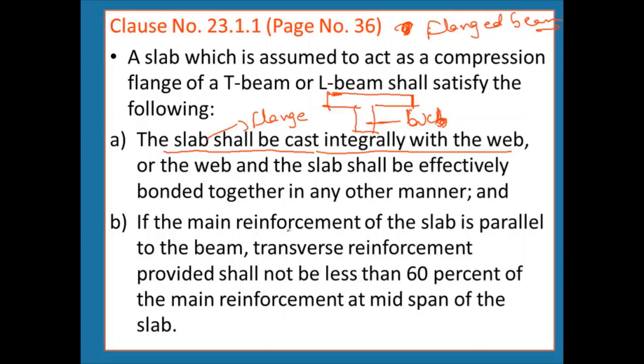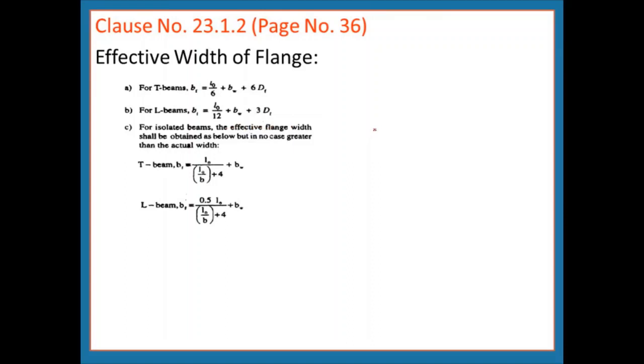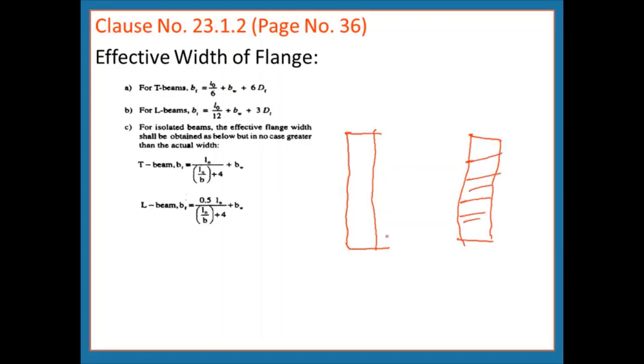Then second condition is if the main reinforcement of the slab is parallel to the beam. Now suppose this is the slab and these are the beams. Main reinforcement in the slab may be in this direction.